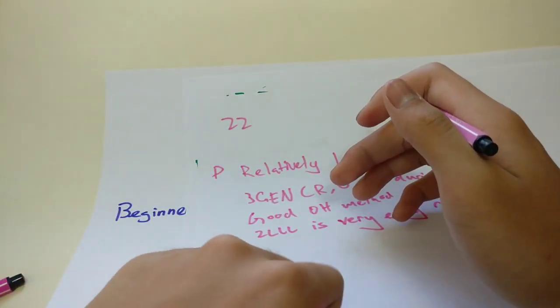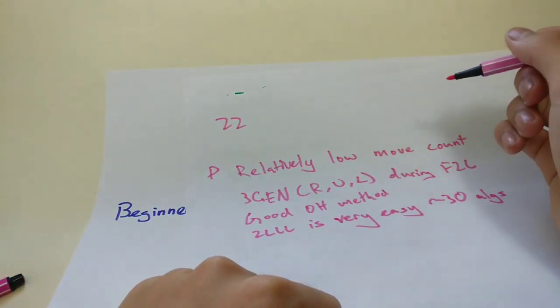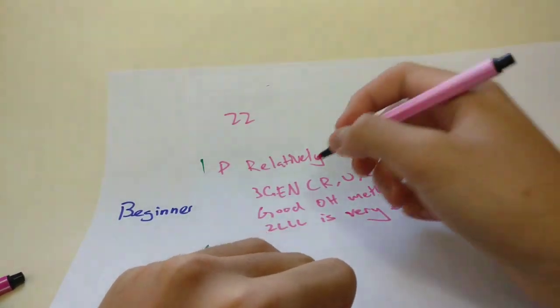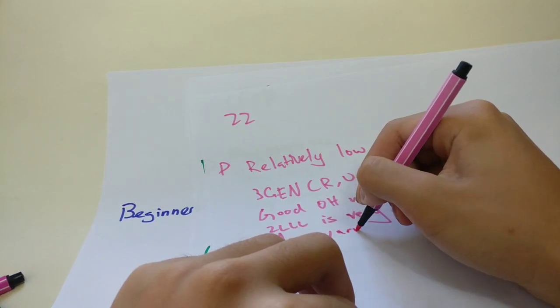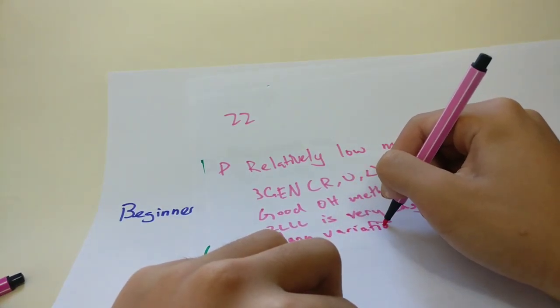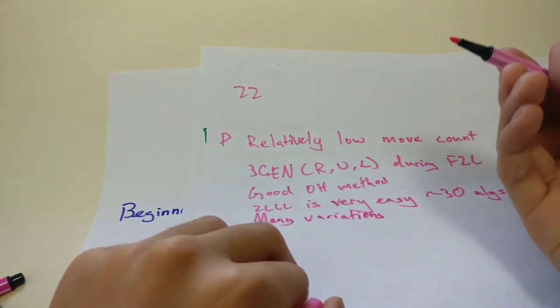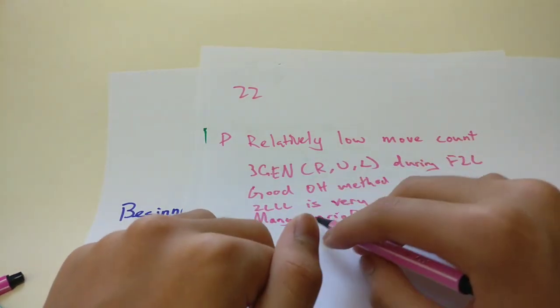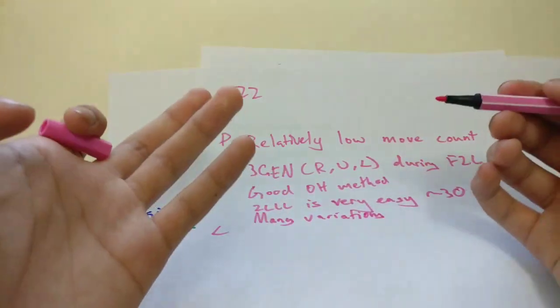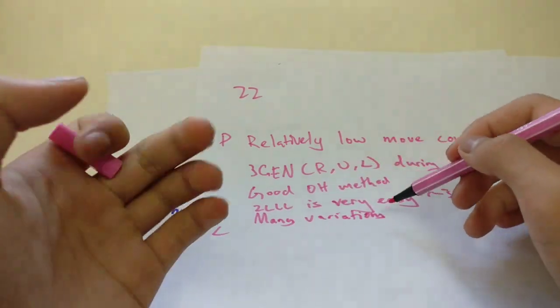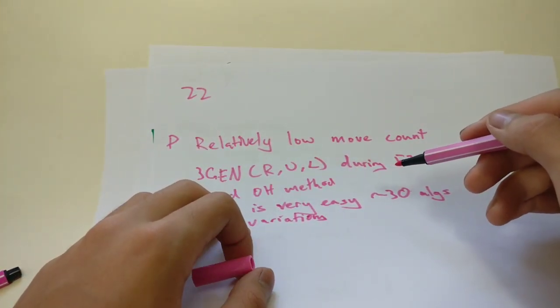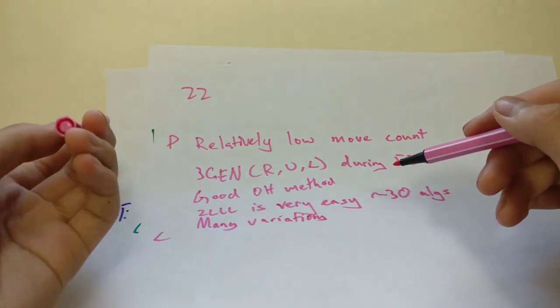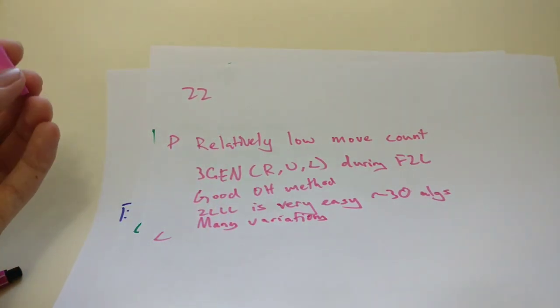And also, I said it has relatively low move count. There are also many variations as well. Could be good, could be bad, but you have many different ways to branch out after you learn regular ZZ, such as ZZCT, which requires 200-ish algs, and maybe ZZA, which is many more algs.